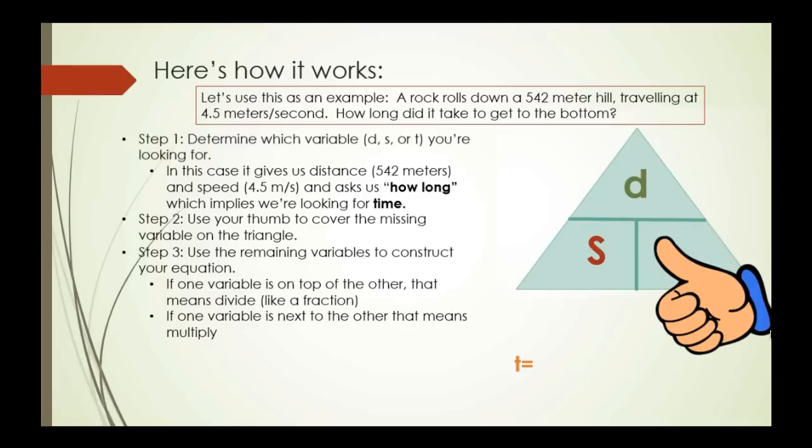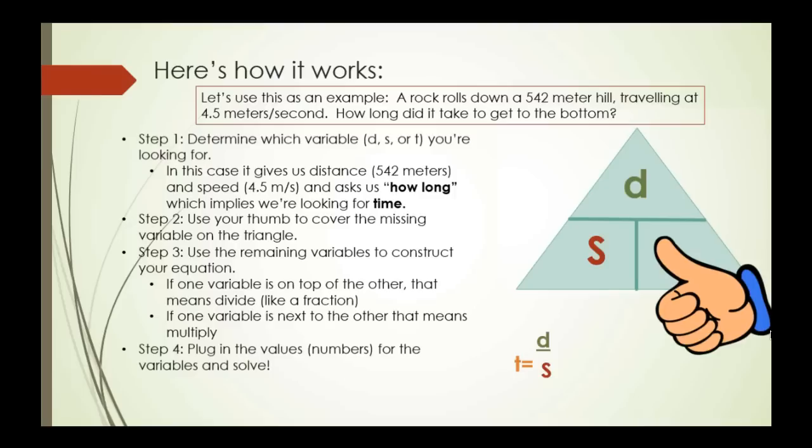If one variable is on top of the other, that means divide, like a fraction. If one variable is next to the other, that means to multiply. So in this case, we have the D over the S, so we know to divide. So it'll look like this. T equals D divided by S.